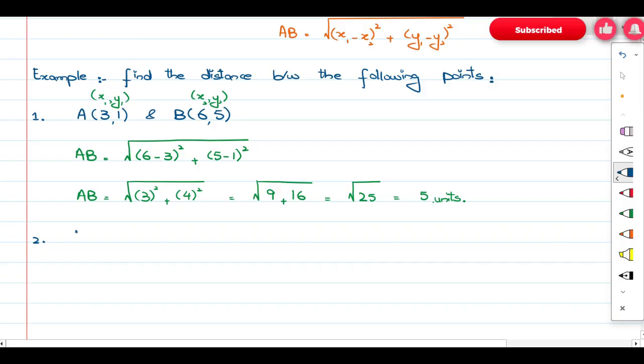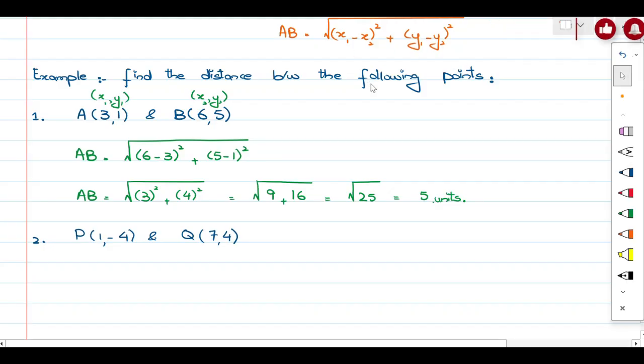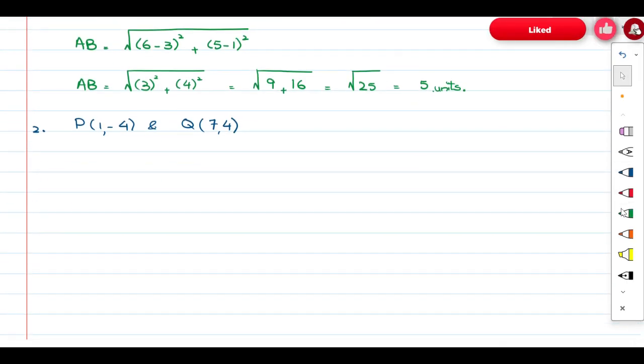Let's do another example. Let's suppose I have a point P having coordinates 1, minus 4 and a point Q having coordinates 7 and 4. Now we need to figure out the distance between the points PQ. I'm going to use the second formula to show you guys that you will get the same answers with the help of both formulas.